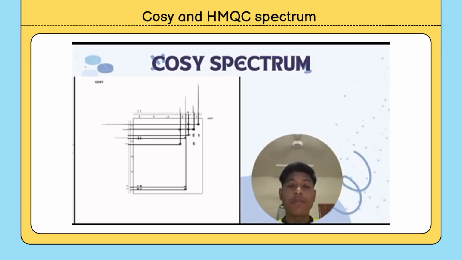We can observe strong cross peaks between signals in the region of 1 to 2 ppm, which suggests a network of aliphatic protons, likely from methyl or methylene groups. We also see cross peaks near 4.5 to 5 ppm, indicating that these protons are adjacent to electronegative atoms like oxygen, possibly in an ether or ester environment.